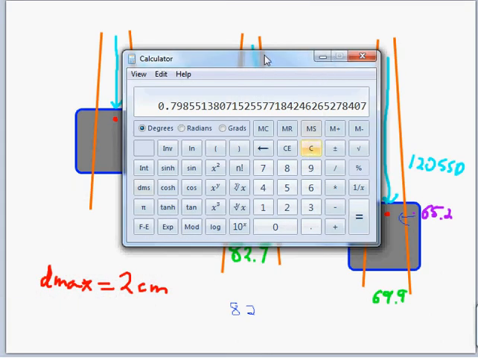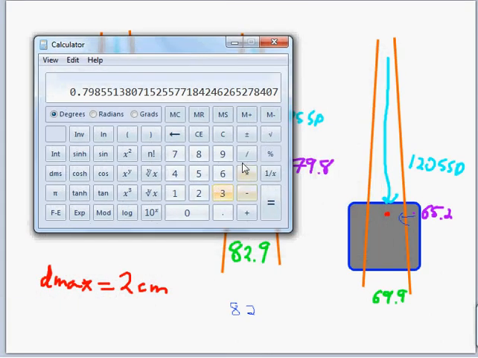And let's just try the other one. We have 84 divided by, we're going to go 20 centimeters farther, so that'd be 82 to 102, plus 2 centimeters Dmax would be 104. Square that and we get 65.2.